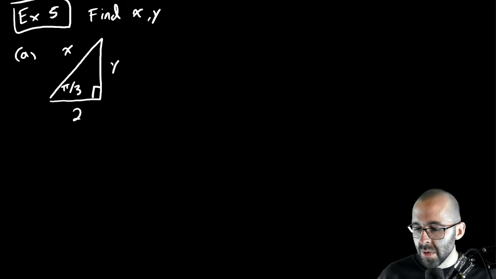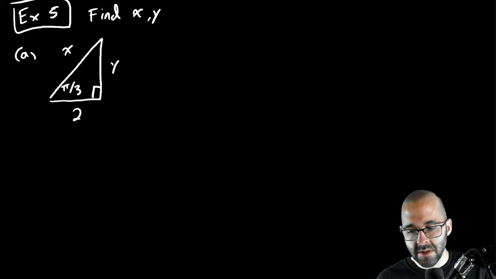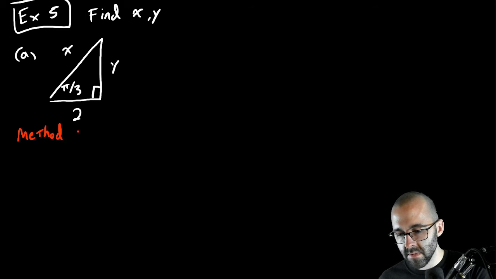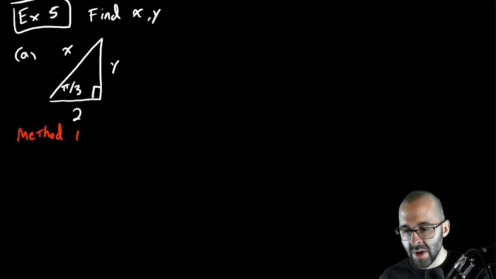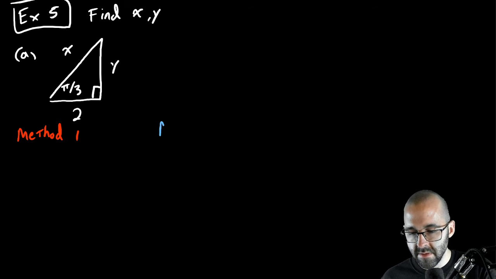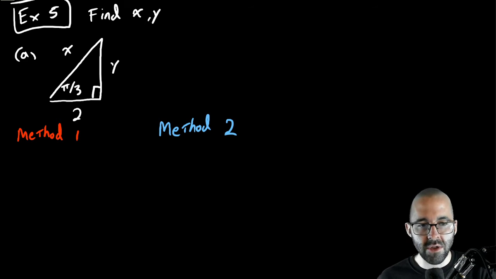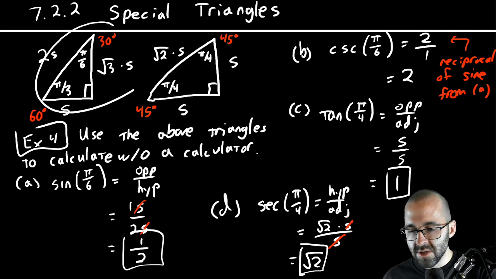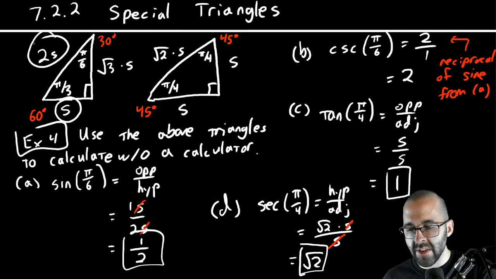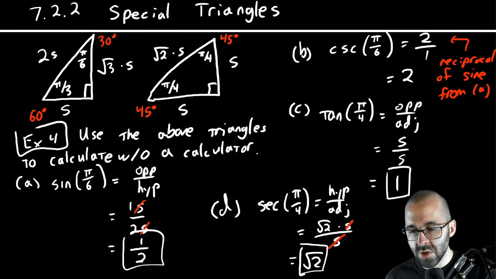Okay, so there are kind of two ways to do this with special triangles. Let's do one red way and one blue way. With special triangles, you could say this is a 30, 60, 90 triangle. Whatever this short side is, the hypotenuse is double the short side.